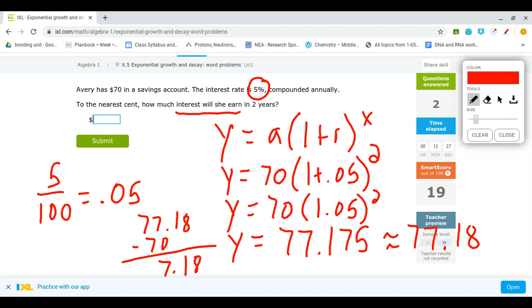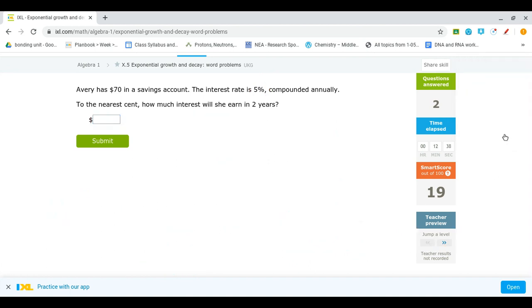She actually earned $7.18. I'm going to go ahead and clear my writing and enter in my answer. Avery earned $7.18.